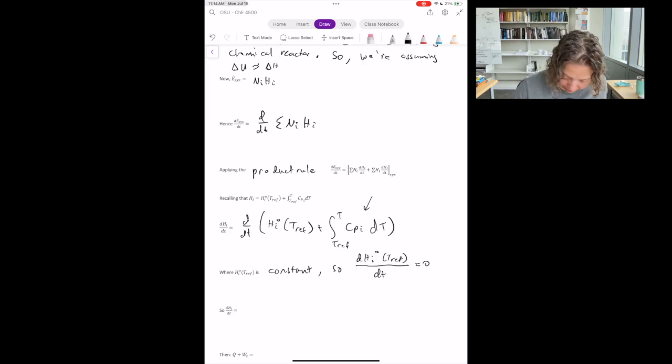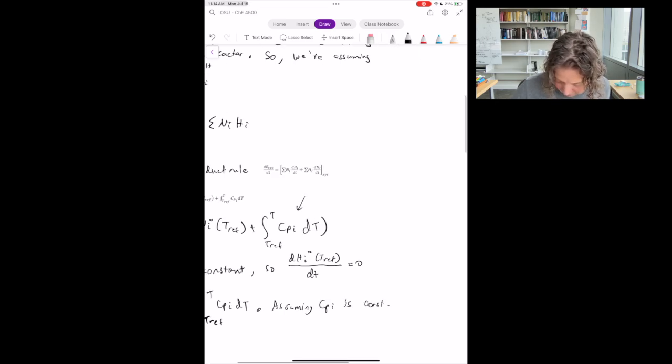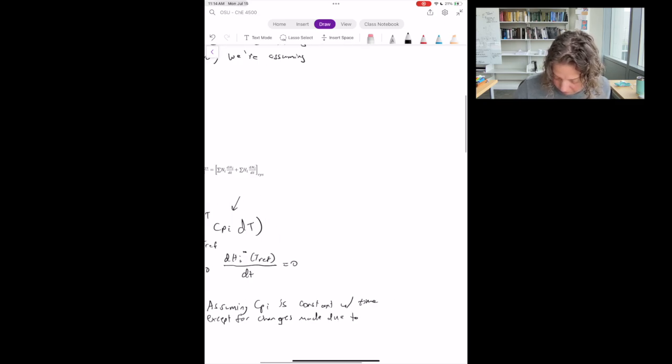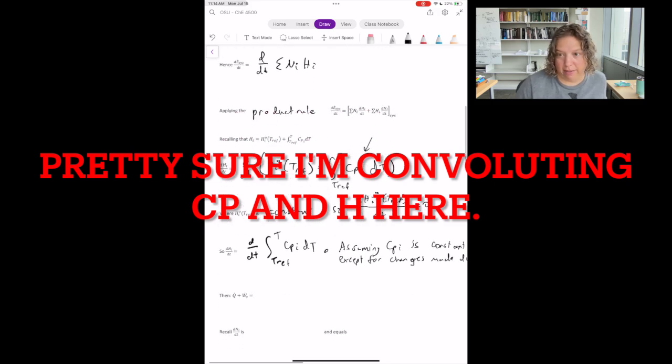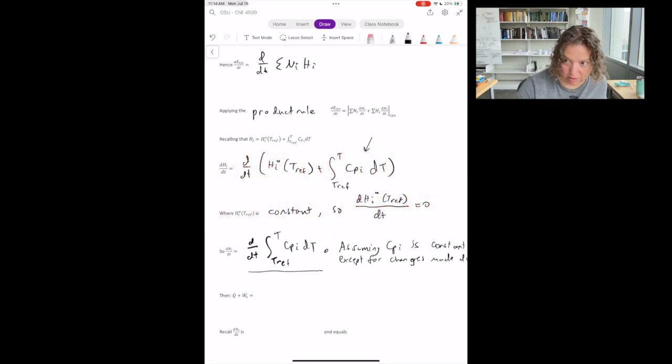Okay, so if we say that CPi is constant with time, except for changes due to temperature, then what we can do is say that this expression here is equal to CPi dT/dt.